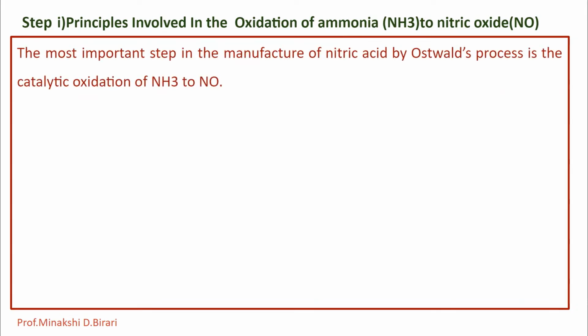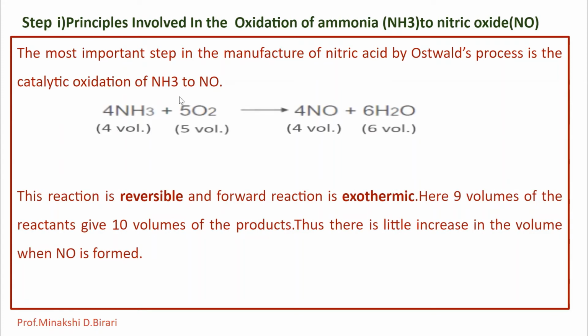The most important step in the manufacture of nitric acid by Ostwald's process is the catalytic oxidation of NH3 to NO. So the reaction is 4NH3 plus 5O2 give the formation of 4NO plus 6H2O. This reaction is reversible and forward reaction is exothermic.